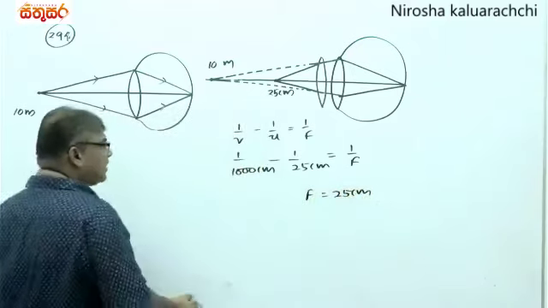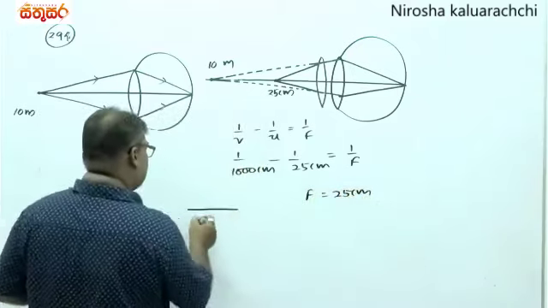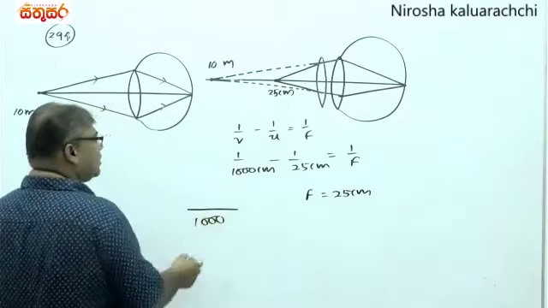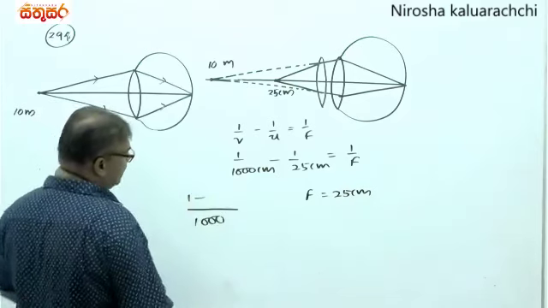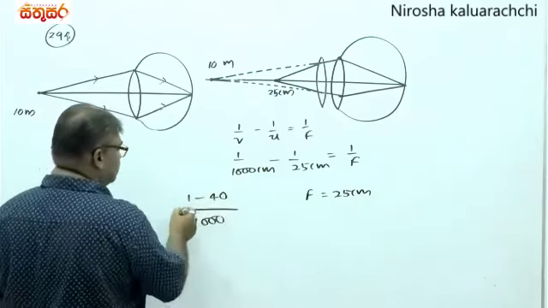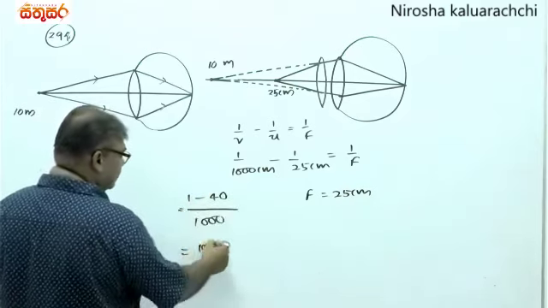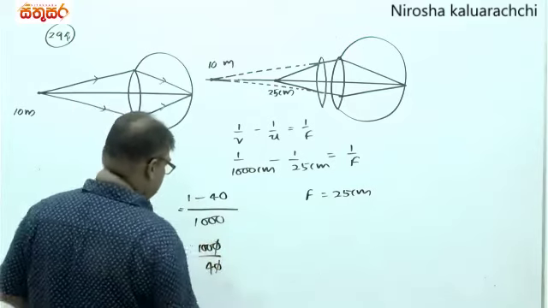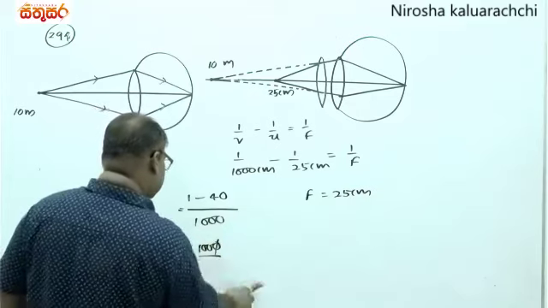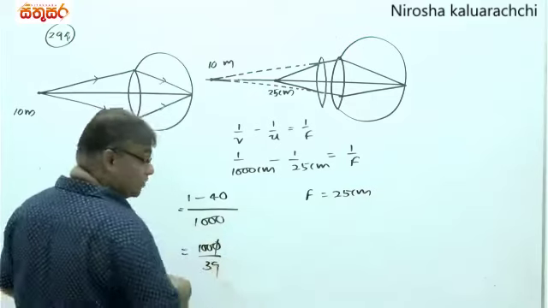But when you simplify with 1000 as the common denominator, 1 minus 25 over 1000 gives 1000 over 39.